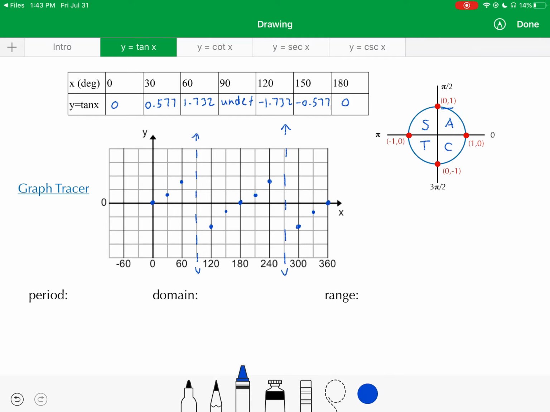We can even repeat these patterns going into the negatives as well. So at negative 30 degrees, you should be at negative 0.577, and at negative 60, negative 1.732. And then at negative 90, we'll have an asymptote once again.